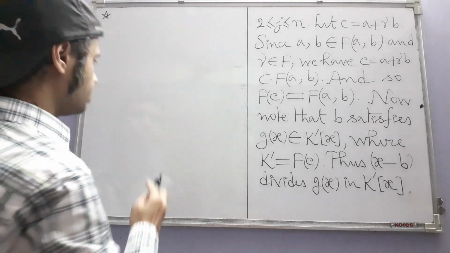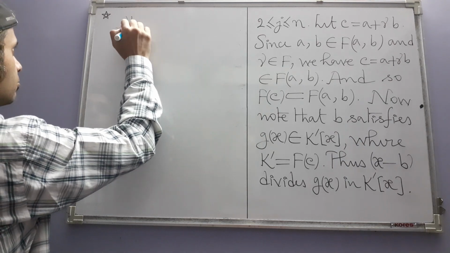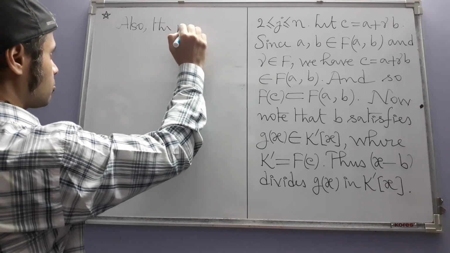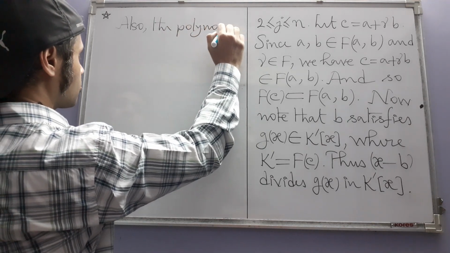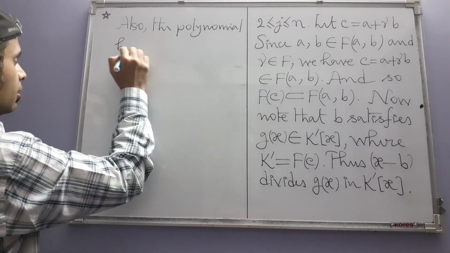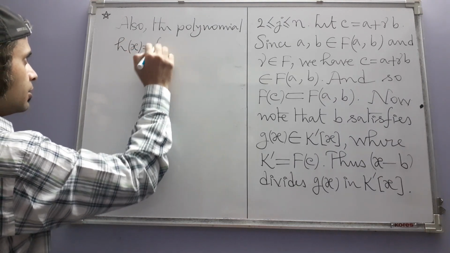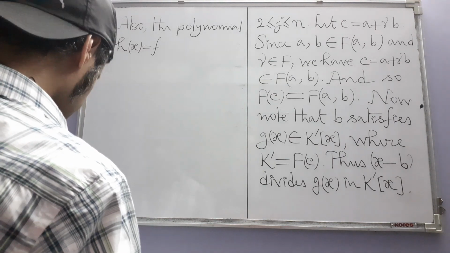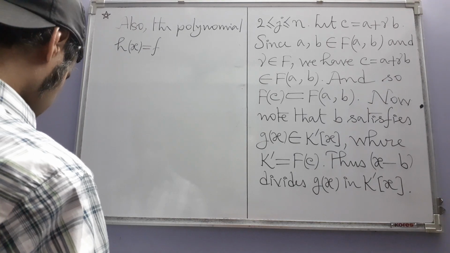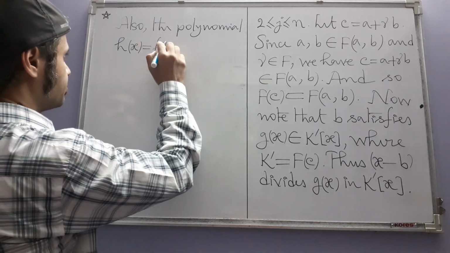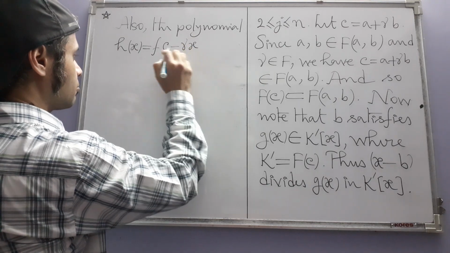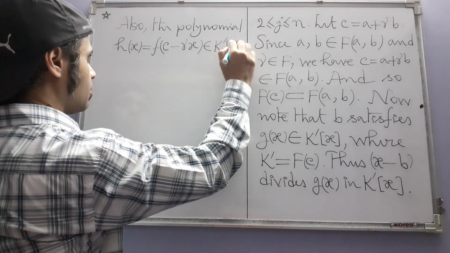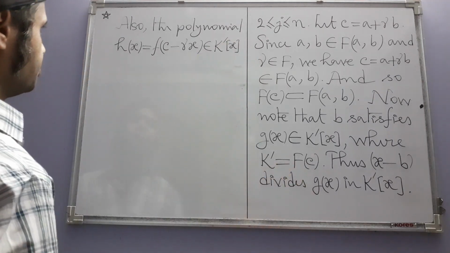Also, the polynomial hx, which is f of (c minus gamma x), is also a polynomial over this K prime.